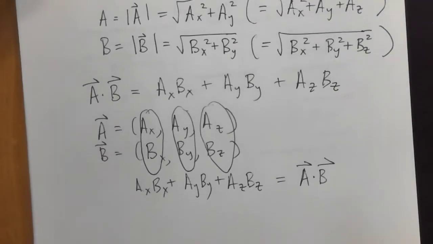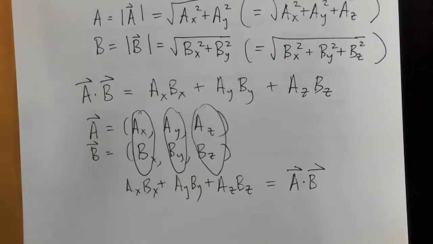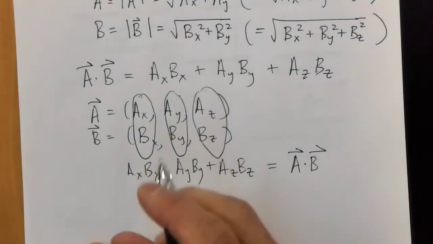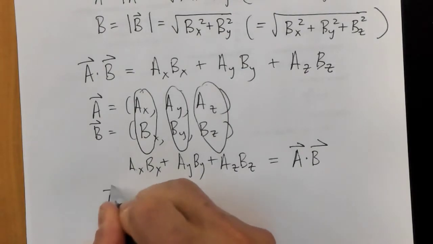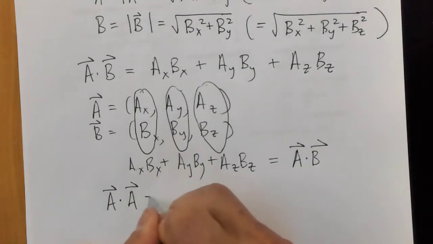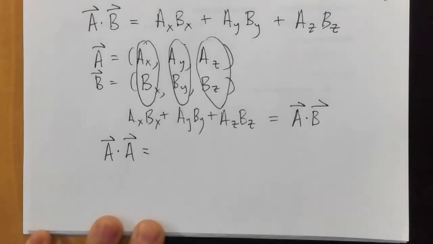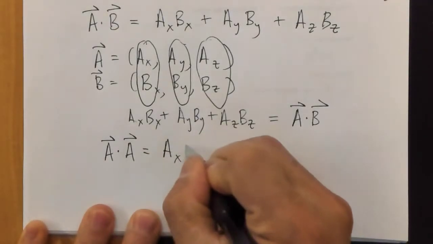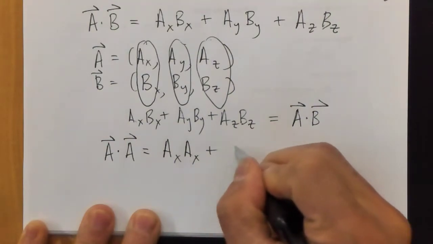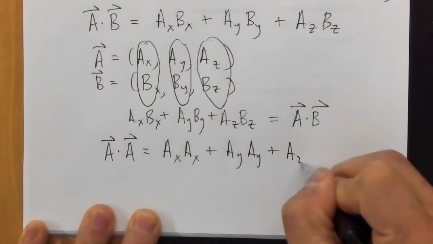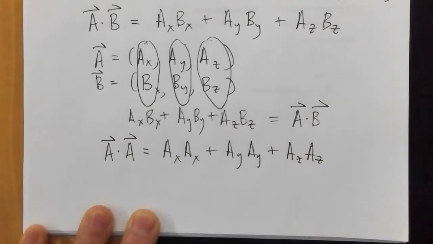I should mention there's a special case. Suppose I do the dot product of a vector with itself. Let's see what happens if I do A dotted with A. I would get AX times AX, or AX squared, plus AY times AY, plus AZ times AZ.